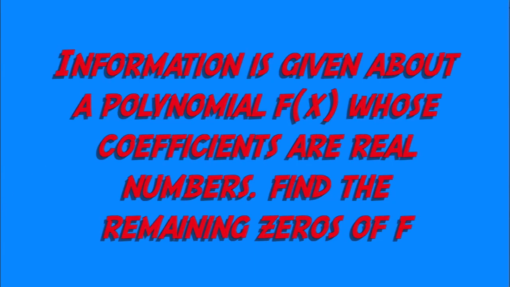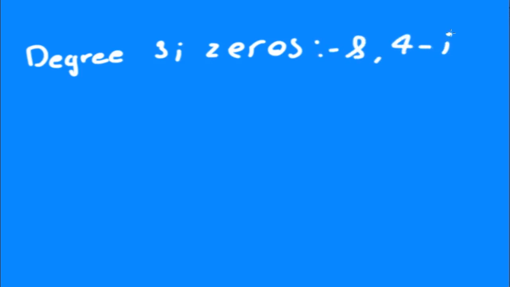The problem says that information is given about a polynomial f of x whose coefficients are real numbers. Find the remaining zeros of f. We're given degree 3. Zeros are -8 and 4 minus i.